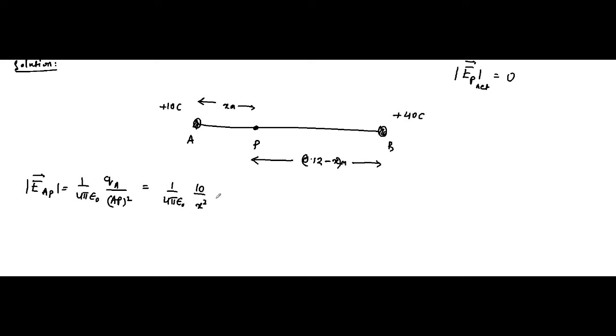Okay, this is the electric field at position P due to the charge placed at A, that is plus 10 coulomb.